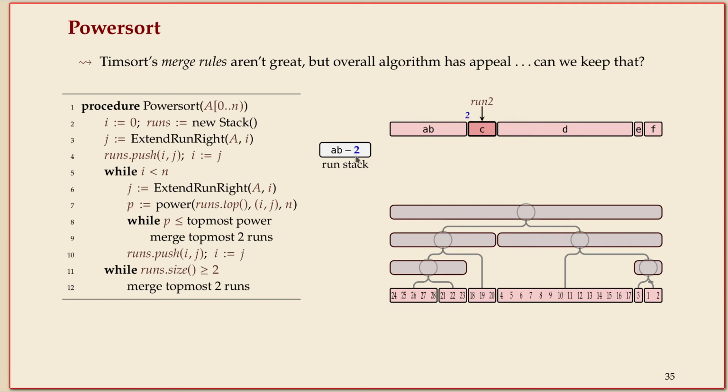That's how we can get back to the invariant. Okay? In the next step, we find these 2 runs, and their power is 1. So a similar thing happens. We put this on the stack, but it's a violation, so we immediately have to merge. And then we get these 3.